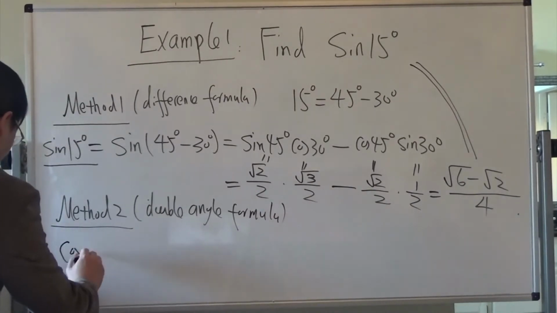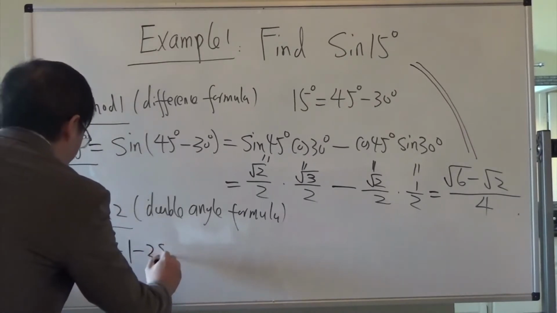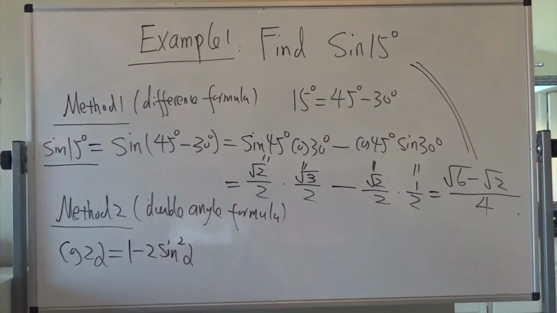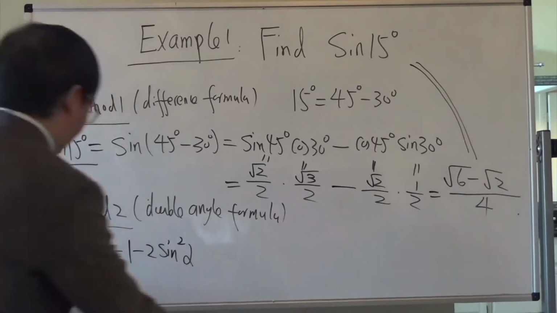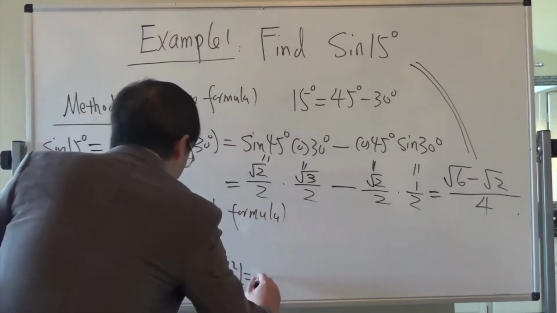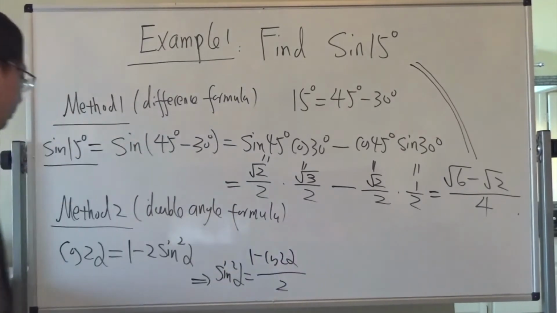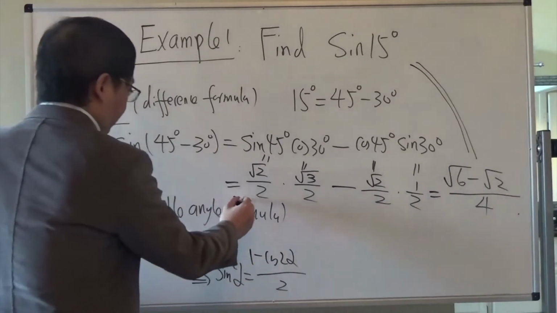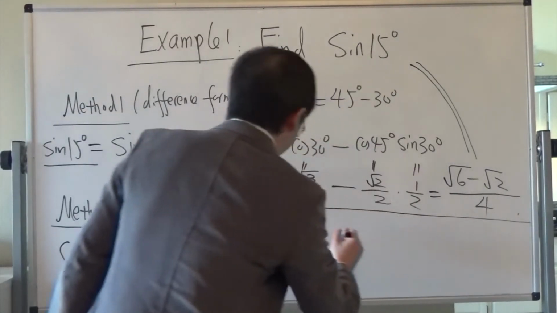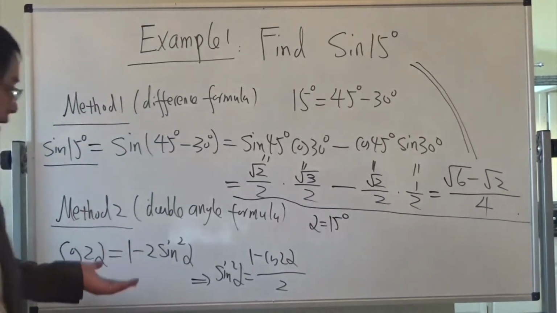We know cosine 2 alpha equals 1 minus 2 sine squared alpha, right? So from here we get sine squared alpha equals 1/2 times (1 minus cosine 2 alpha). Here we let alpha equal 15 degrees, and then 2 alpha is 30.